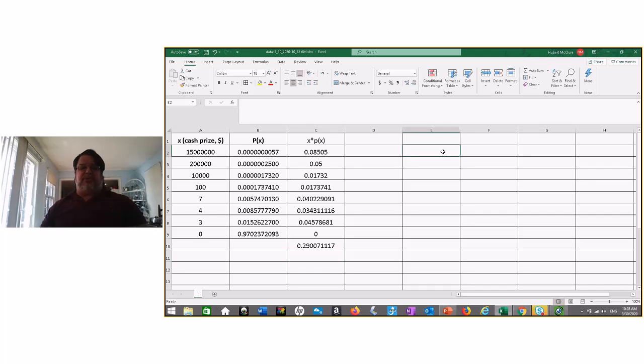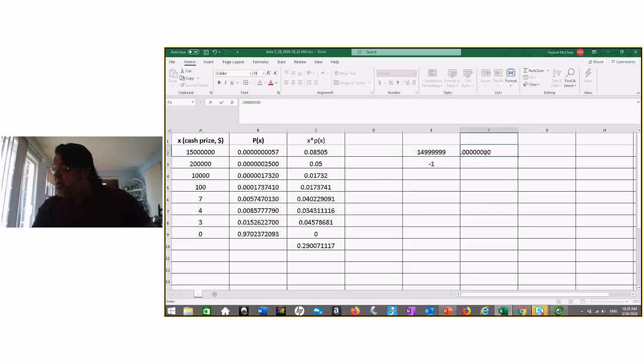And the expected value would be, if you win, that would be 14,999,999. If you lose, that would be negative 1. Everybody with me? And then that's going to be point, I think we said 8 zeros. 1, 2, 3, 4, 5, 6, 7, 8. Was it 5, 6, 7?